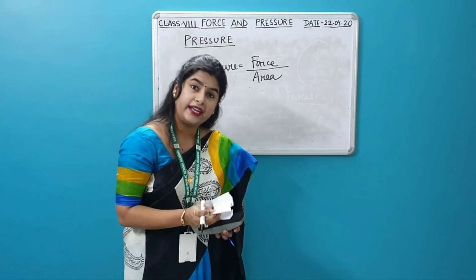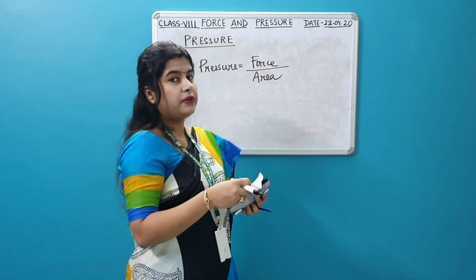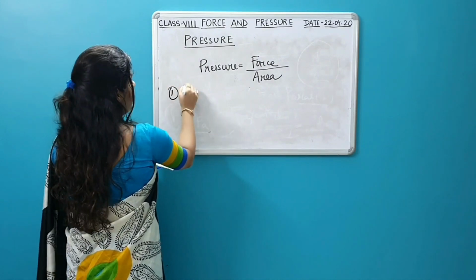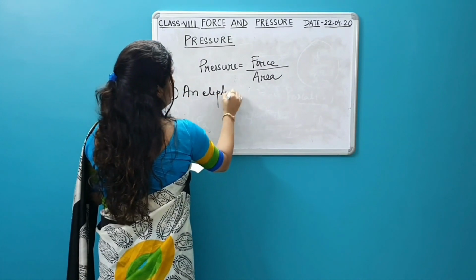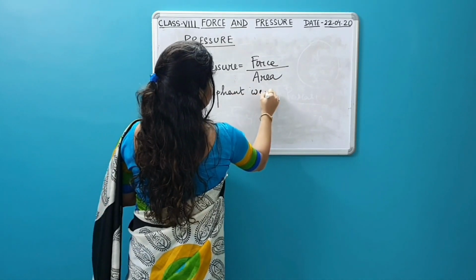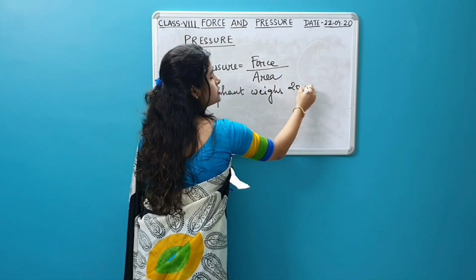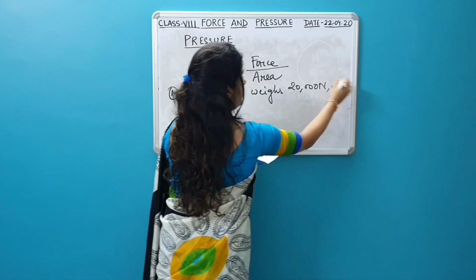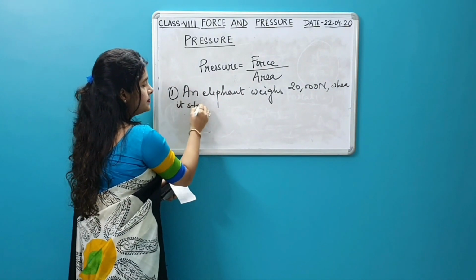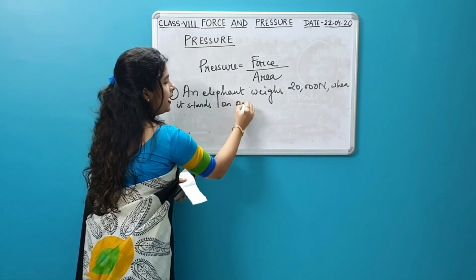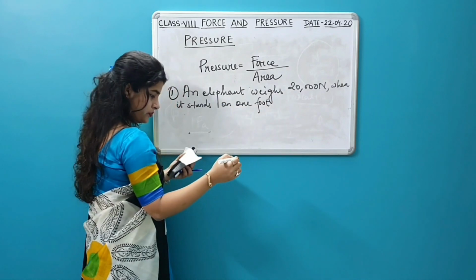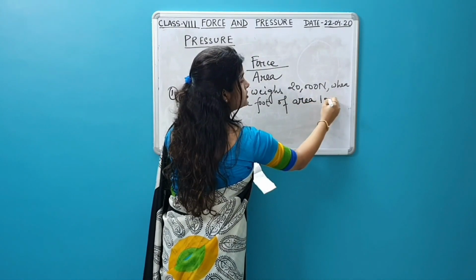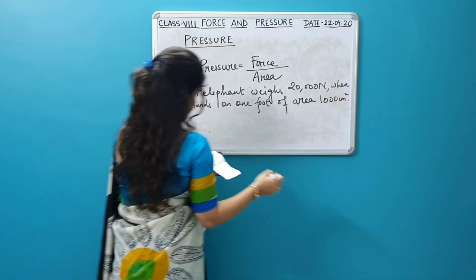So let me give you one question. No need to worry, as I have already given it in my study material. Let me discuss the first question with all of you. The very first numerical. An elephant weighs 20,000 Newton when it stands on 1 foot of area 1000 centimeters square.